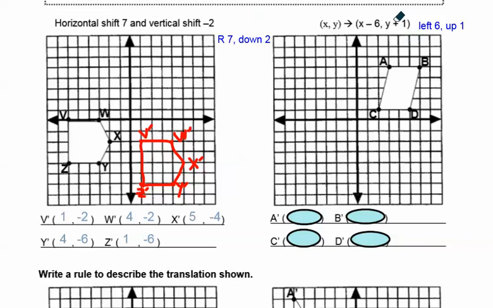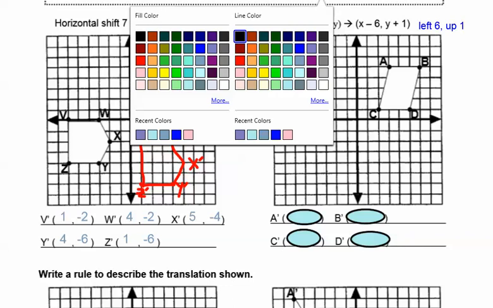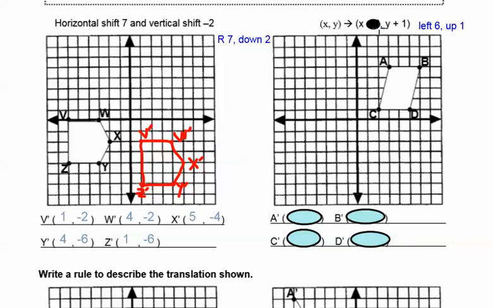If they didn't want us to do anything to our X, okay, then it would have looked like this. We would have just had X. So don't do anything, don't move right or left, but then move up 1, okay? Does that make sense? All right, but for this one, we're going to move to the left 6, and then we're going to move up 1.